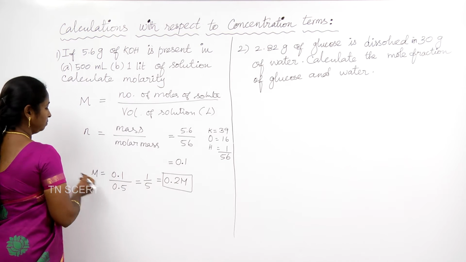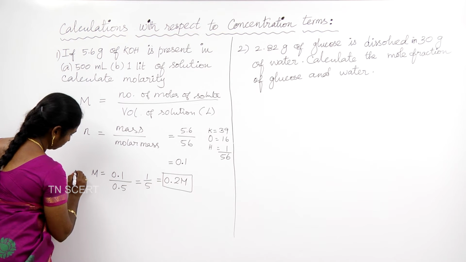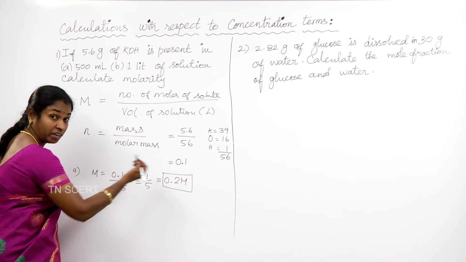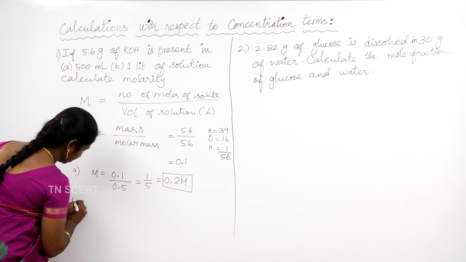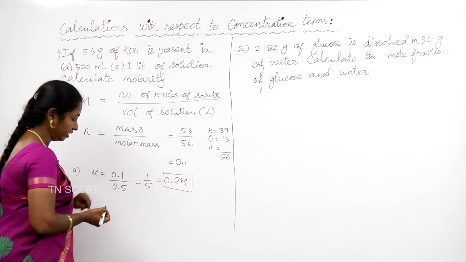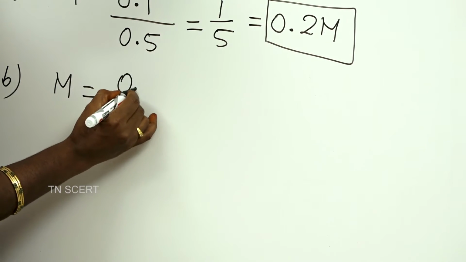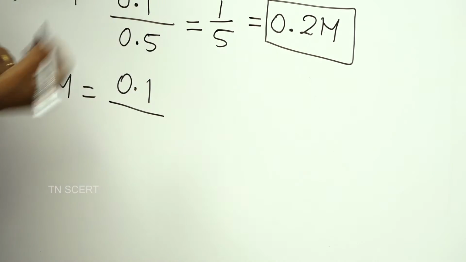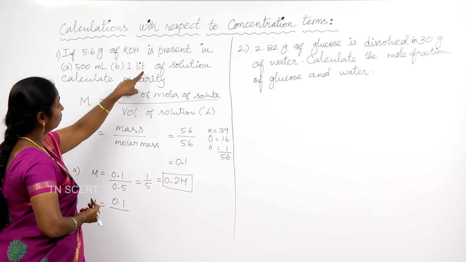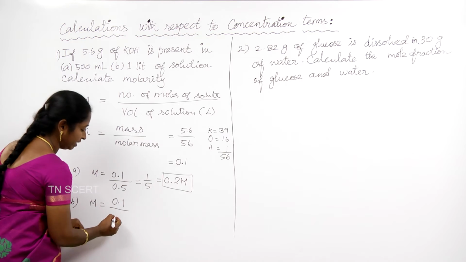Then our next problem, this is the answer for A, and now for B. Again number of moles is 0.1 only. So, you can substitute this here, 0.1 moles are present in 1 liter of the solution. Here volume of the solution should be in liter.